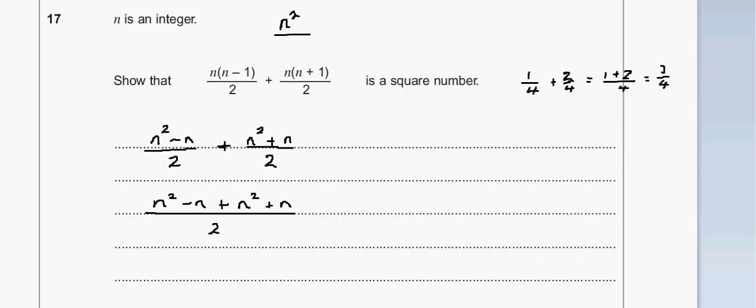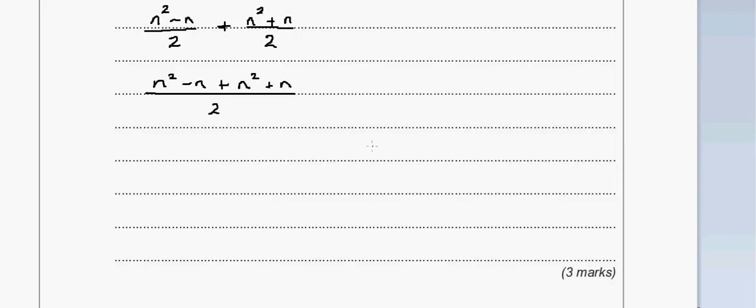So now I can simplify this. n squared plus n squared is 2n squared. Minus n plus n means that they cancel one another out. And this is all over 2. Now the 2 and the 2 can both be cancelled.